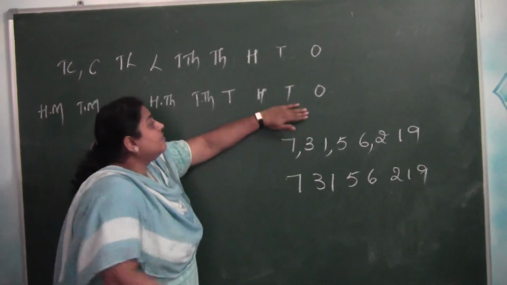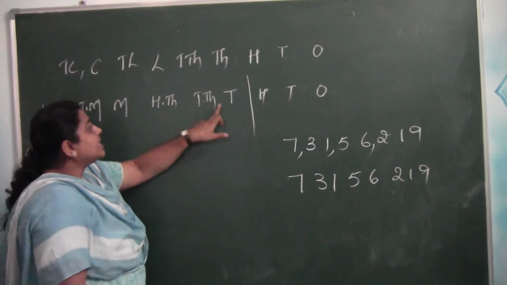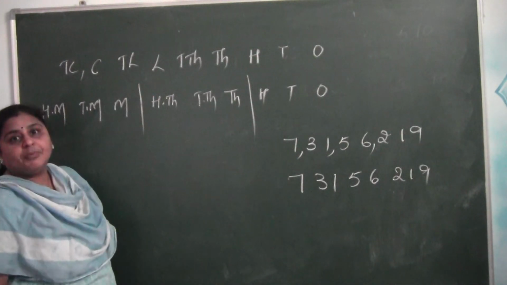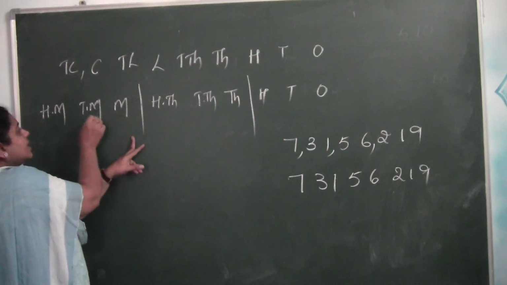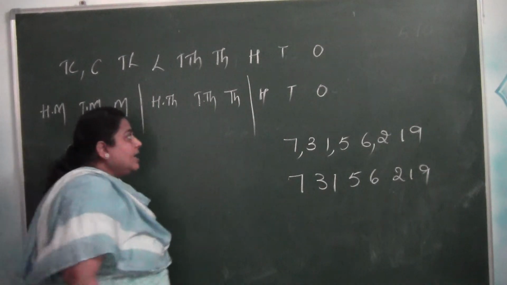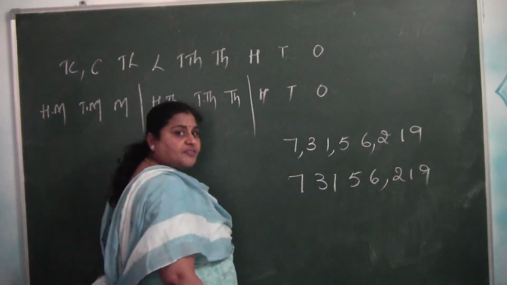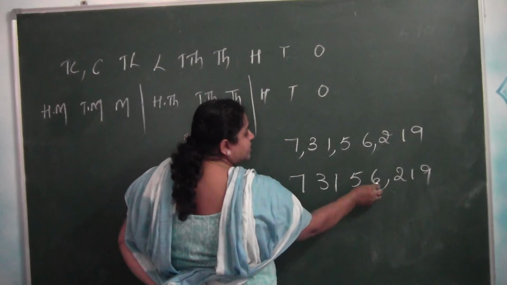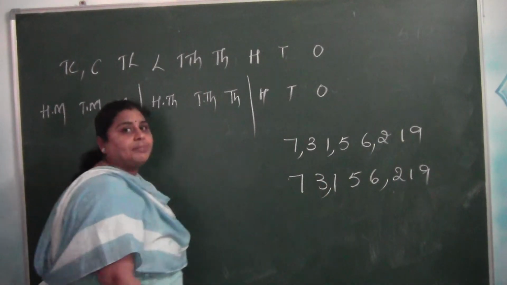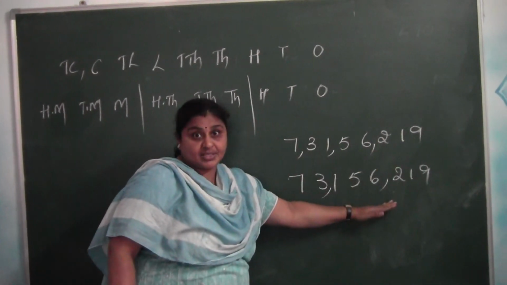tens, hundreds will be under one period. Thousands, 10,000s and 100,000s is another period, and millions, 10 millions and 100 millions will be under one period. Now see, ones, tens, hundreds, I have separated; thousands, 10,000s, 100,000s, and millions I have separated. You can see the difference between this and this.